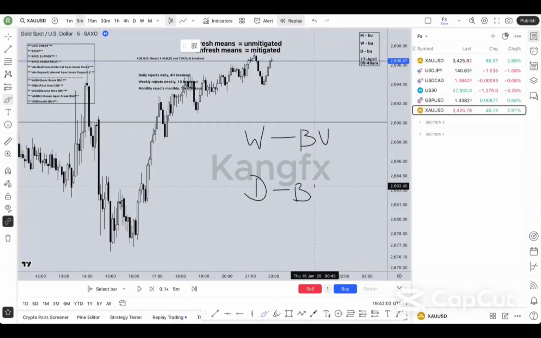That means the storyline is valid because, despite coming from an unfresh level, the storyline has now matched up with my weekly again, so that area is considered my valid storyline.